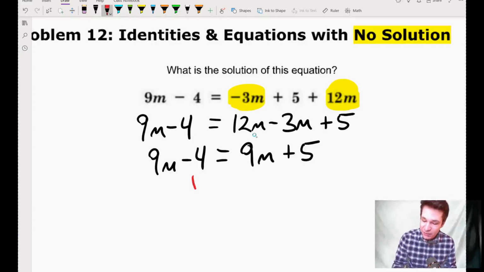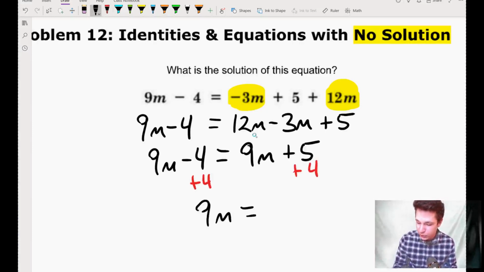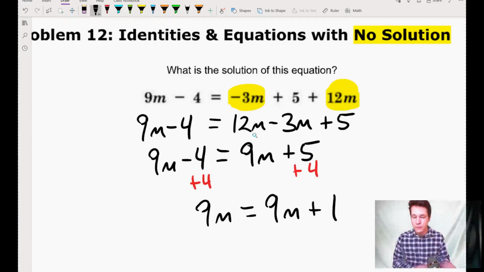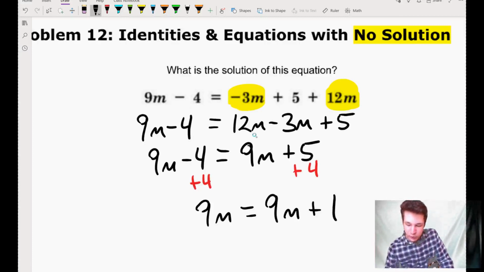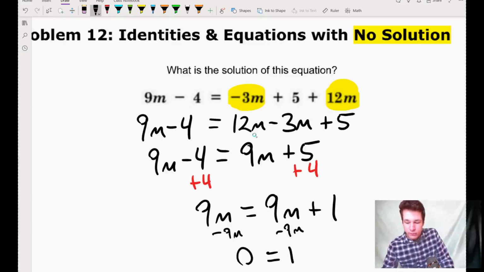Add 4 to both sides to try to get our constants over to the right. We get 9m is equal to 9m plus 1. What you'll notice here, once we're to this point, is that if I were to subtract a 9m from both sides, I would get 0 equals 1. That's not true for any equation. So what you need to realize here is that there's actually no solution to this.